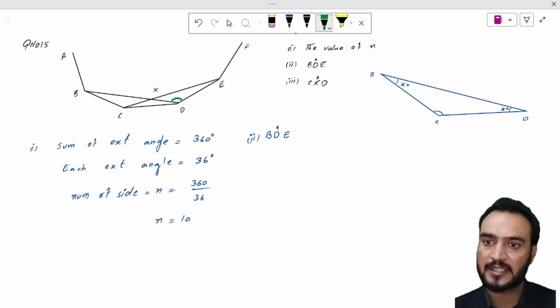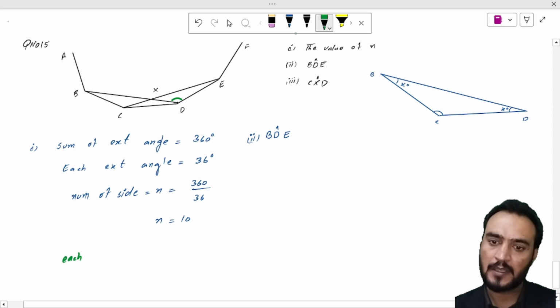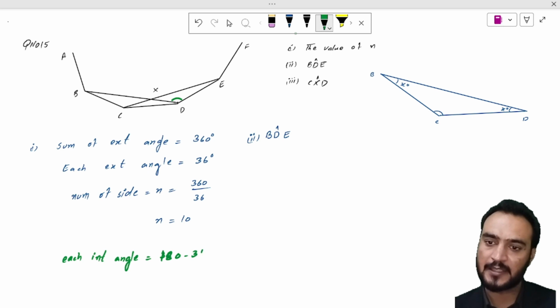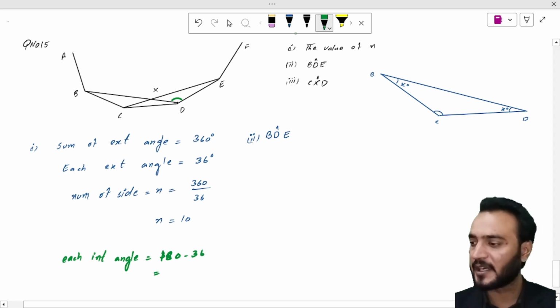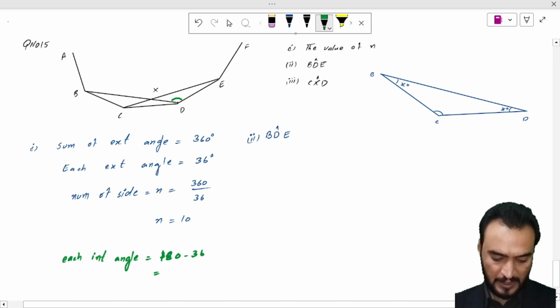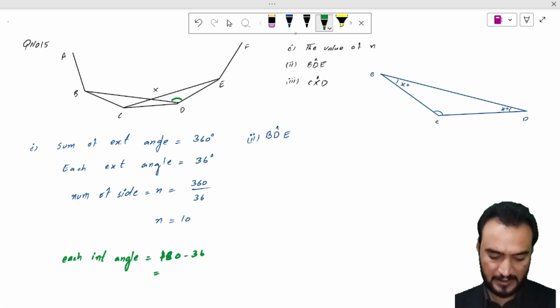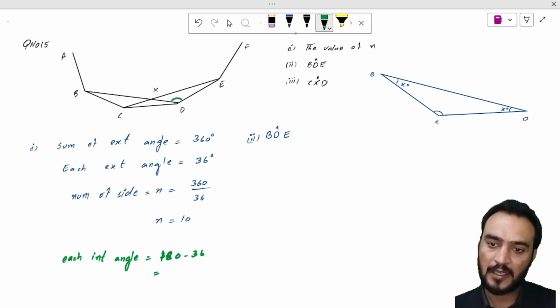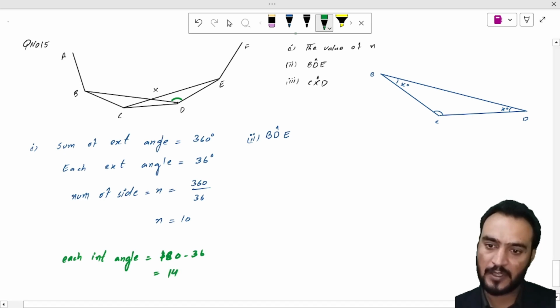Now we know each exterior angle, and we also know each interior angle, which is 180 minus 36, that is 144 degrees. So the angle CDE complete is 144 degrees.